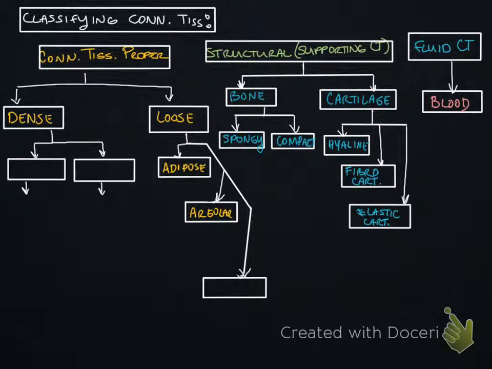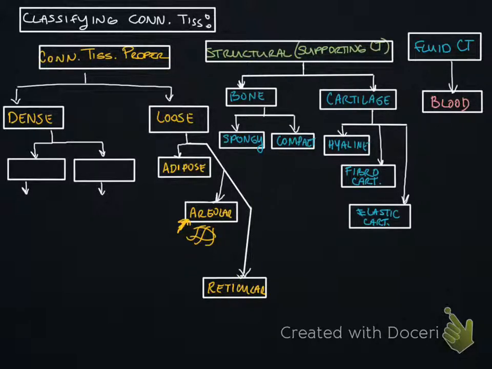That's probably what you think of whenever you say loose connective tissue, but it's actually areolar. Sometimes they do call it loose connective tissue, but make sure that you know its other name is areolar. It's found everywhere and it is very web-like, like a mat.